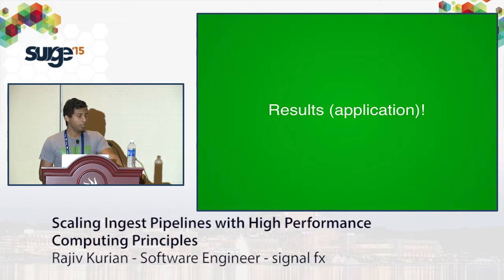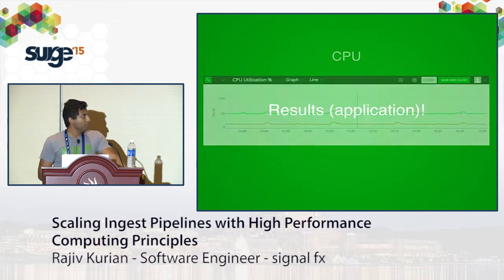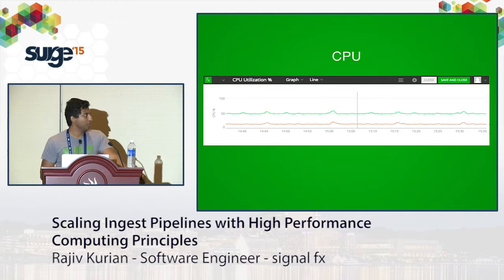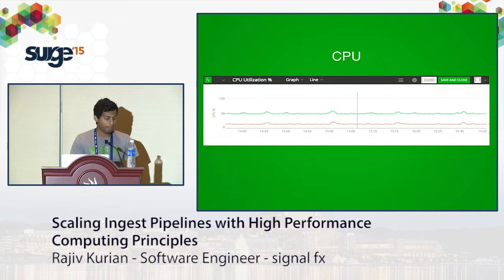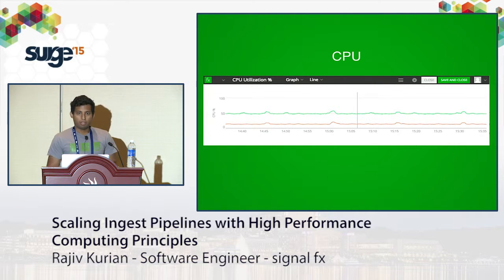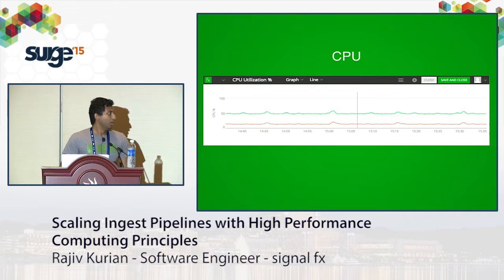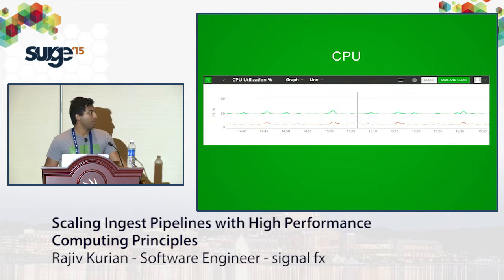So how did we do in the actual application? All we did was change the library from this bad one to the new hot one. So the green, this is only our CPU usage. The green is our old one. It's running at 50%. The brown is the new one, running at around 12.5 to 13% CPU, and they're getting pretty much the same amount of data points.